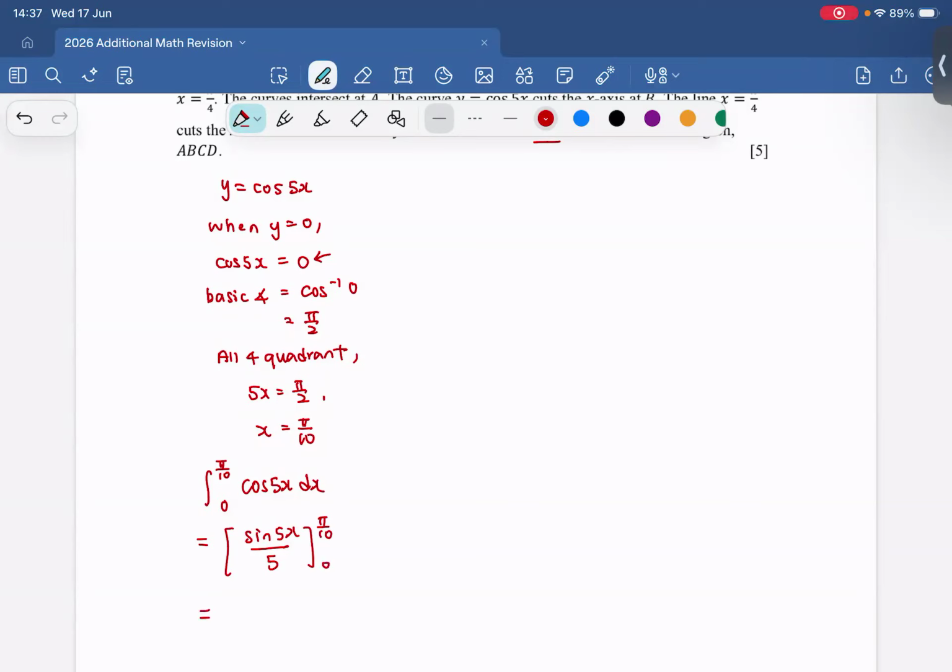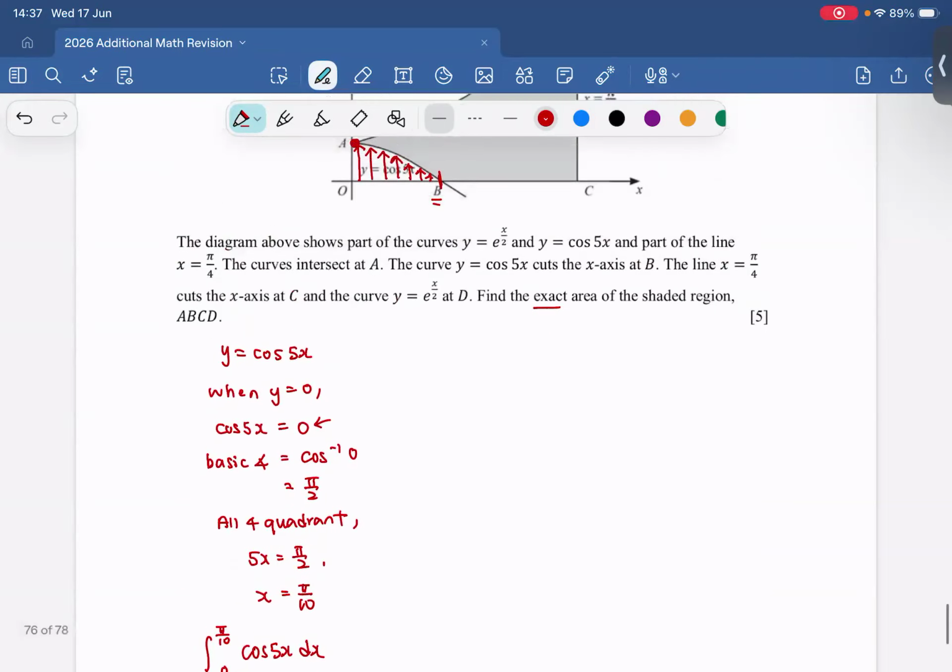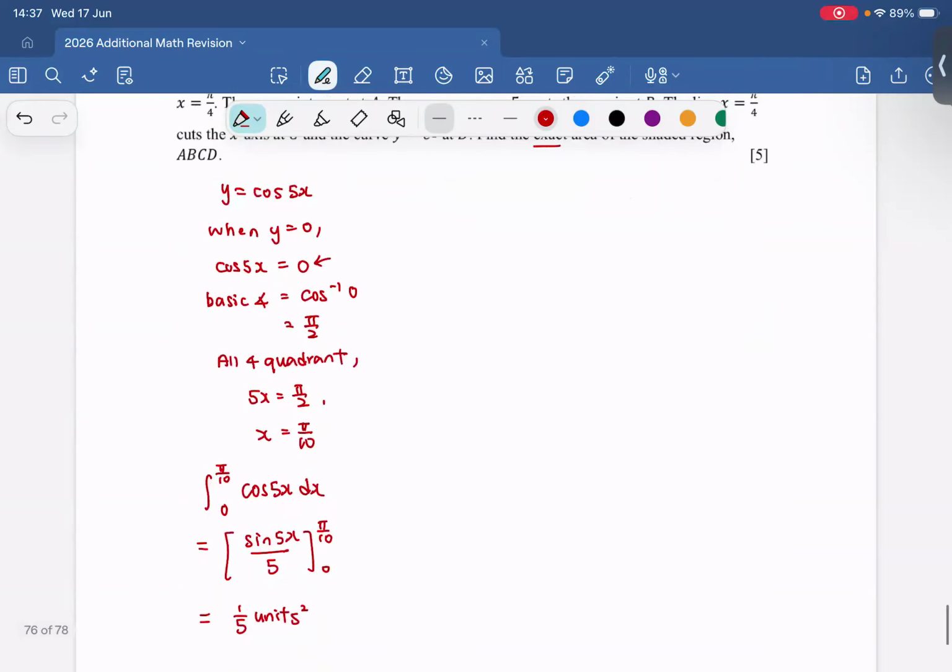You put pi over 10 inside, you get half pi. Sine of pi over 2 is 1, so this is 1 over 5 units squared. So this white color part has an area of 1 over 5 units squared.